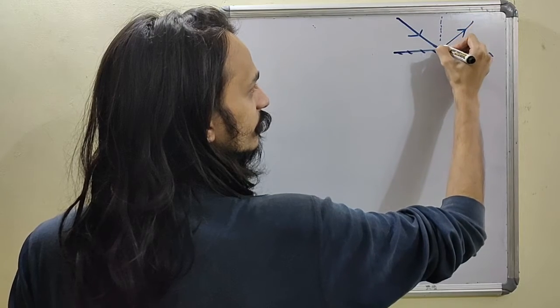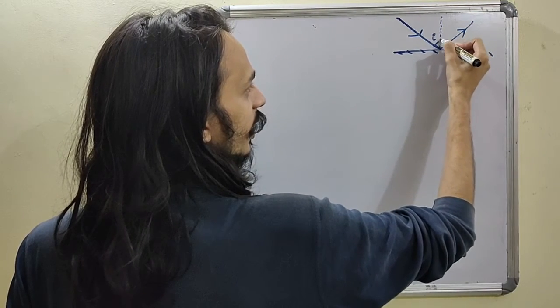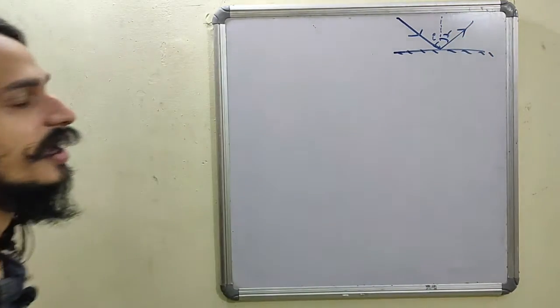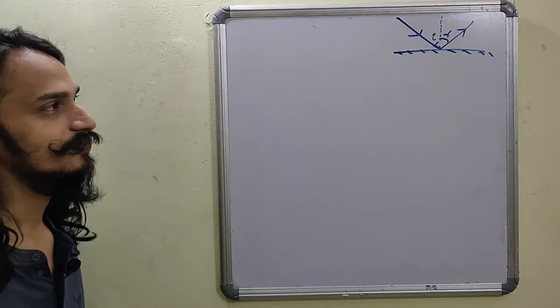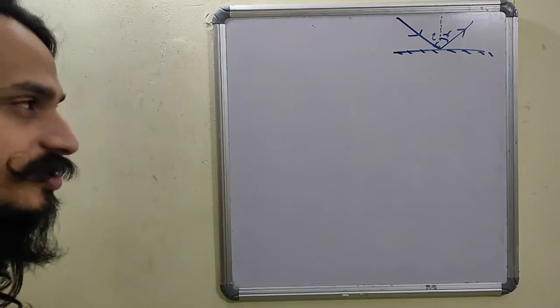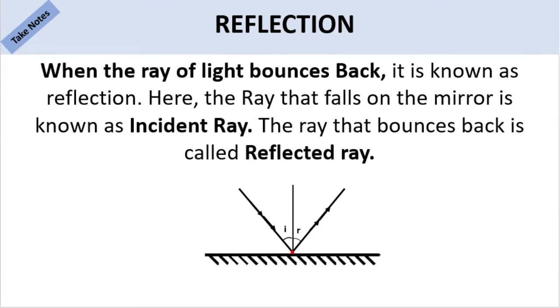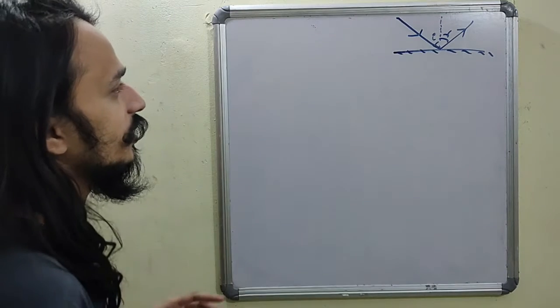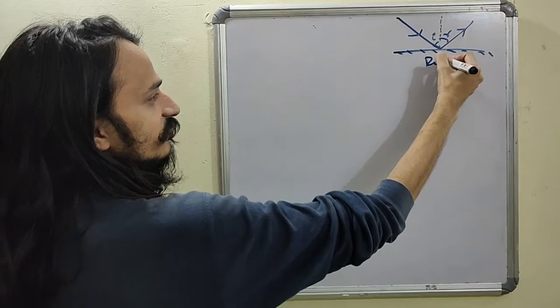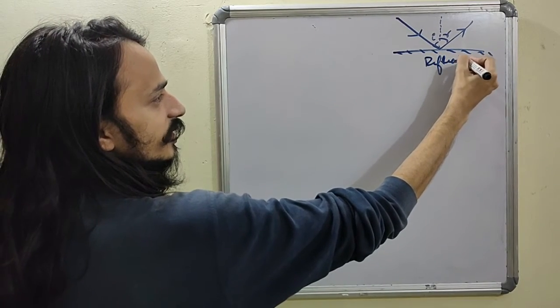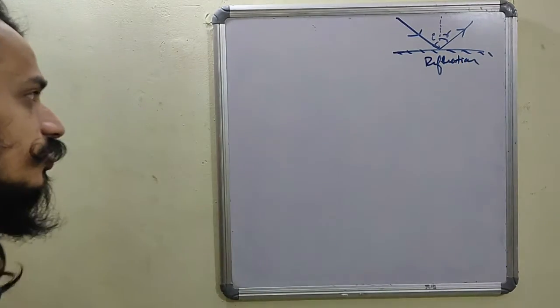And in that we know there is angle of incidence, angle of reflection, right? That is the law of reflection. But when it comes to refraction, then it is a different case altogether.